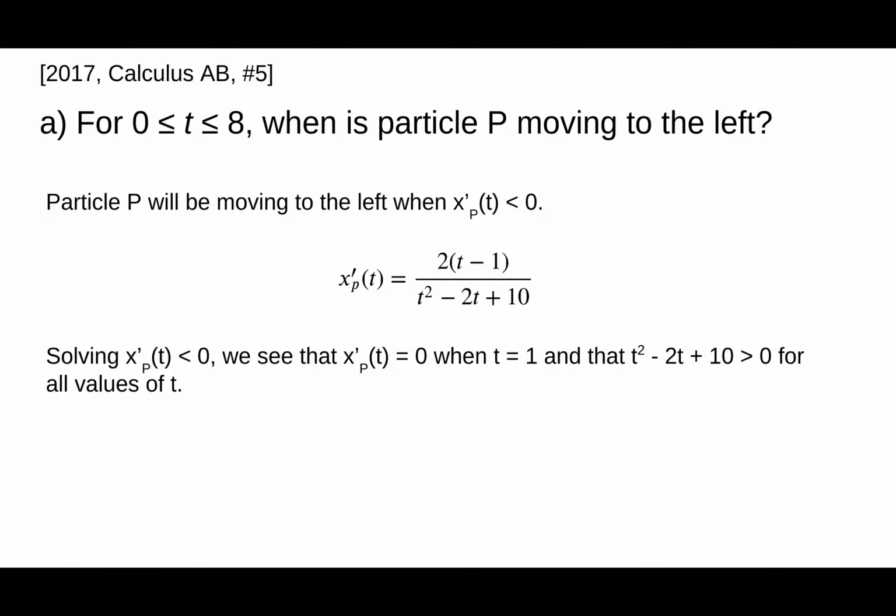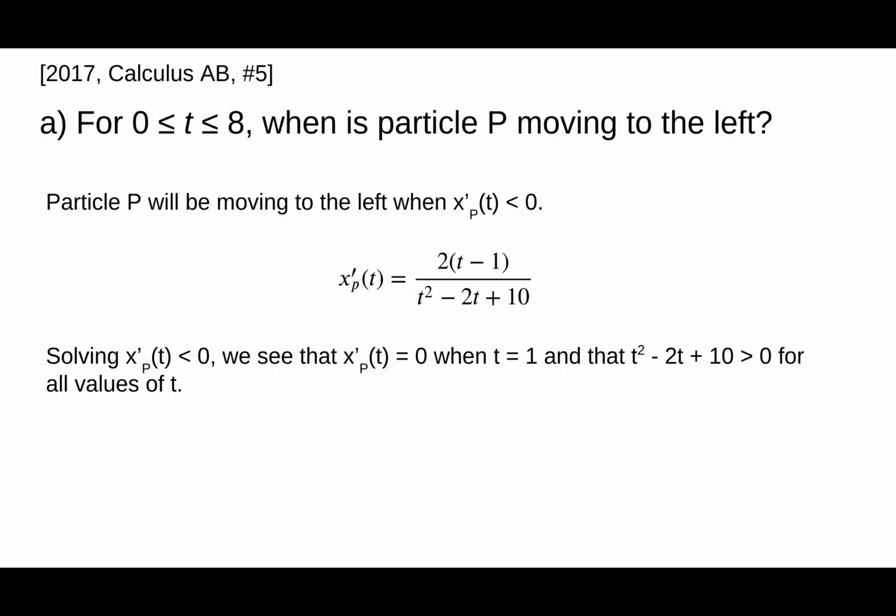But the denominator, t squared minus 2t plus 10, doesn't have any real zeros, and it's oriented up, so the entire graph of t squared minus 2t plus 10 would be above the x-axis, indicating that the denominator of x prime P of t is never negative and never 0. So we only really need to worry about the numerator.